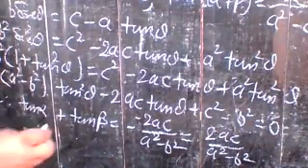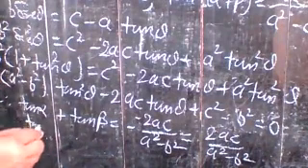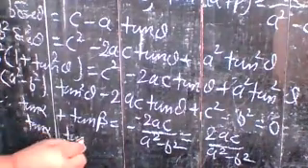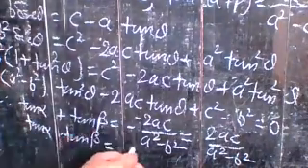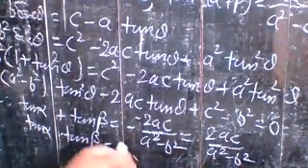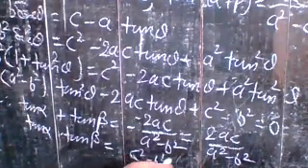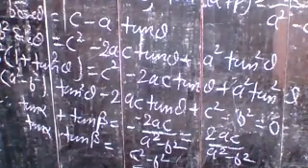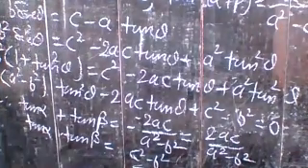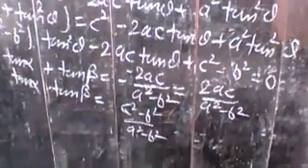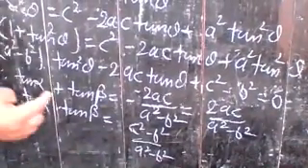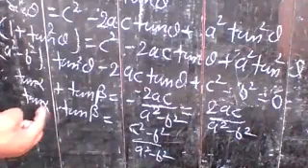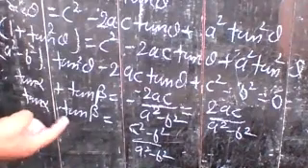In the same way, the product of roots, tan alpha into tan beta, is equal to c by a. So you can write c square minus b square upon a square minus b square. That gives the product of roots.